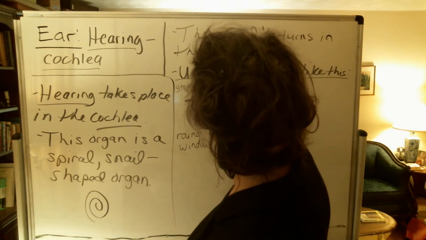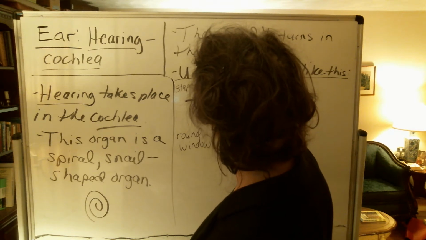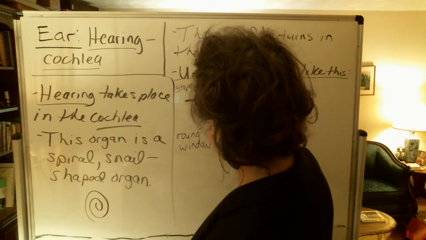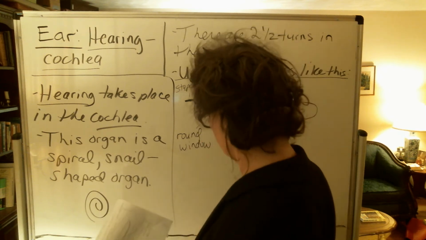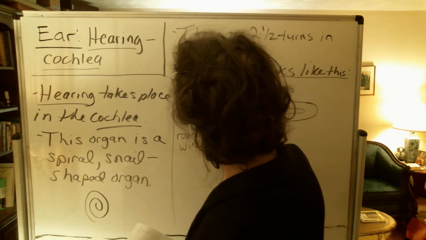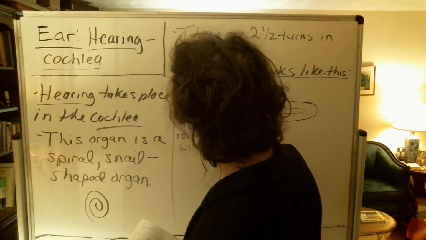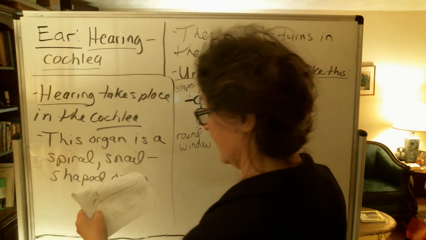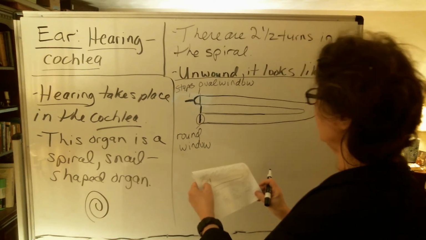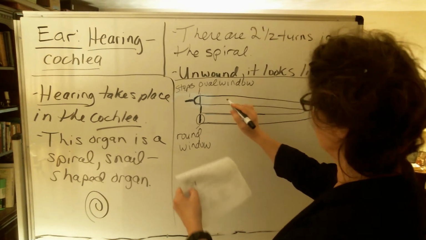So again, the middle ear is on the other side here, and we have this area in here. That's the round window. Okay, so we have the oval window.